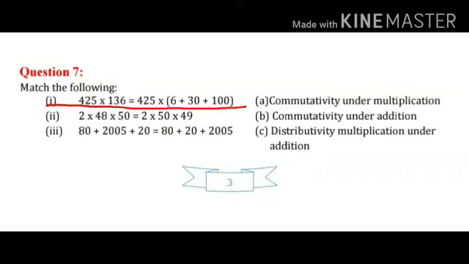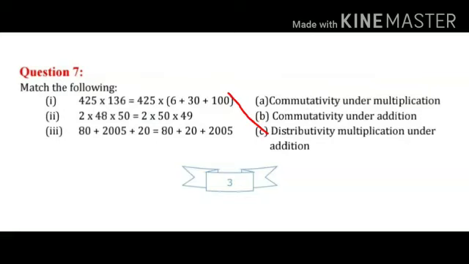As is well known, in the commutative property we swap the digits' places. But here it is not only a digit swap. Here we have 425 multiplied by the bracket 6 plus 30 plus 100. That means we distribute 136 in that manner, 6 plus 30 plus 100. So it is our distributive property.